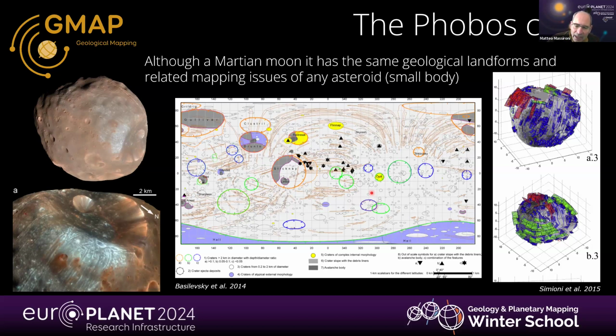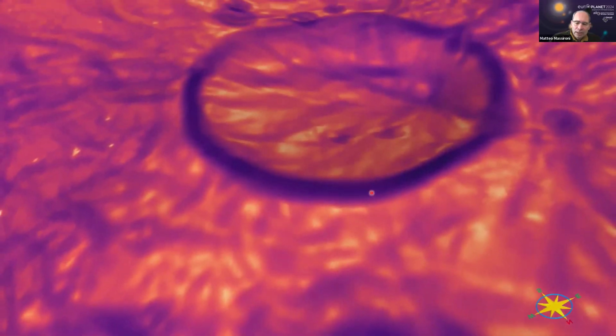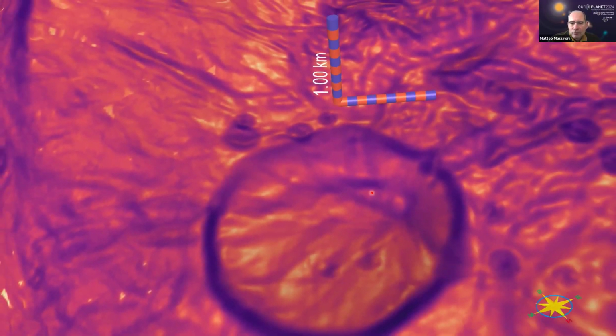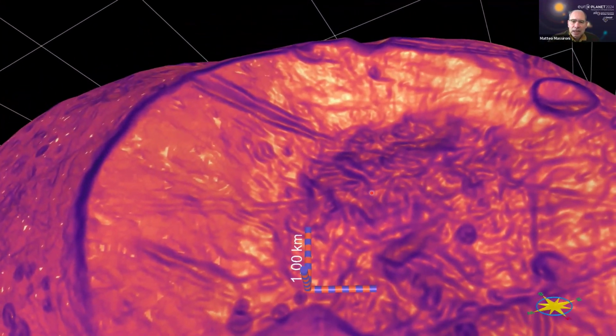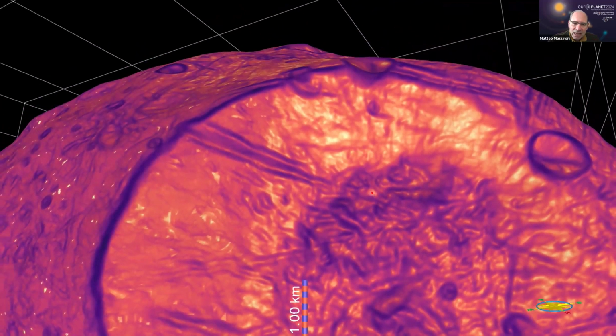Because of that, because we would like you to try the mapping of these small bodies, we will work on VuarGS afterwards with David, showing how these features can be mapped.